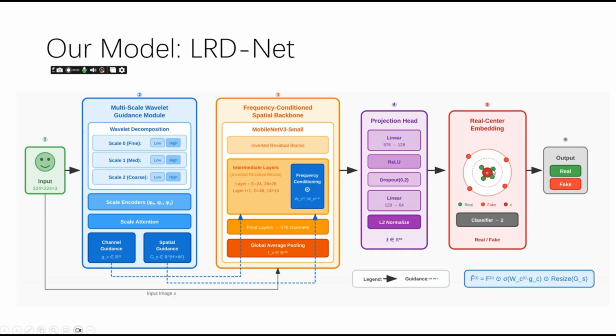In the center of this circle is the real center. Our detection works like this: if the embedding is near to the center, we believe this is a real image. If the embedding is far away from the center, we believe this is a fake image. So we use the distance to define whether it is real or fake.